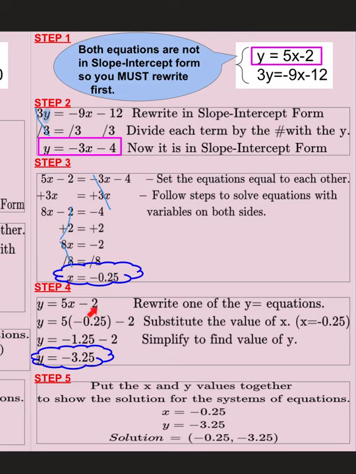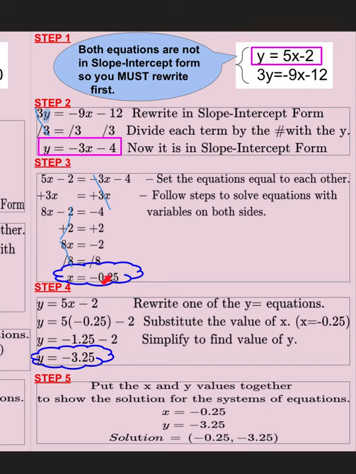Since that was already given to me, I didn't want to take a risk of using the one that I rewrote in slope-intercept form in case I made a mistake. So y equals 5x minus 2. I substitute the value of x, which is negative 0.25. So 5 times negative 0.25 gave me negative 1.25, minus 2 gave me a y value of negative 3.25.